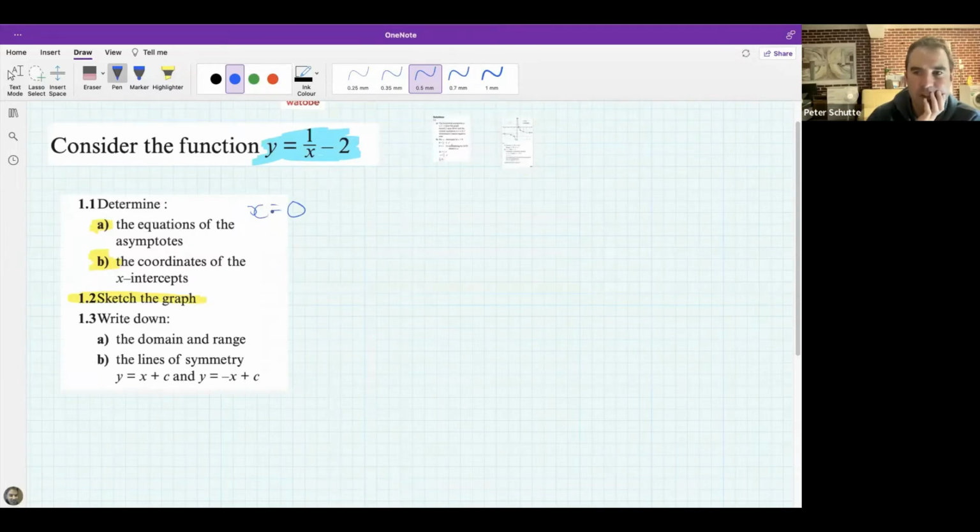So I see lots of people have written there, x equals 0 is the x asymptote, and y equals -2 is the y asymptote. Okay, now we've got to try and find the x-intercept.